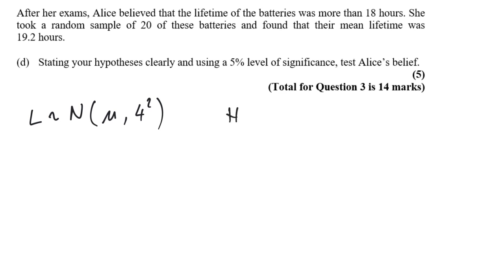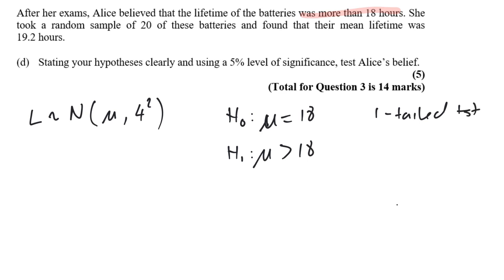Our null hypothesis is that the mean is equal to 18, and our alternative hypothesis is that it is more than 18, because that's what Alice has written up there. So that would be mu is greater than 18. This is a one-tailed test, and we're doing this at 5%.